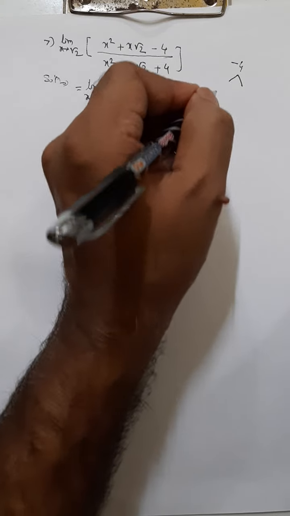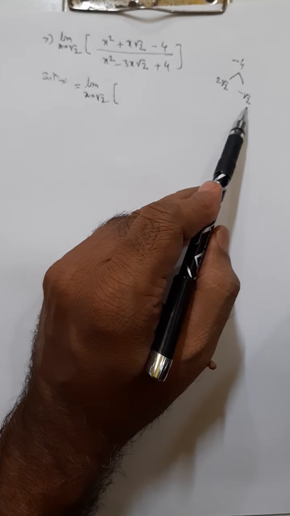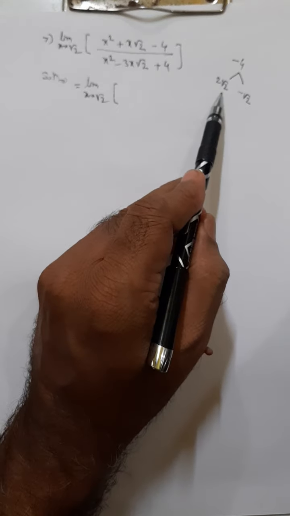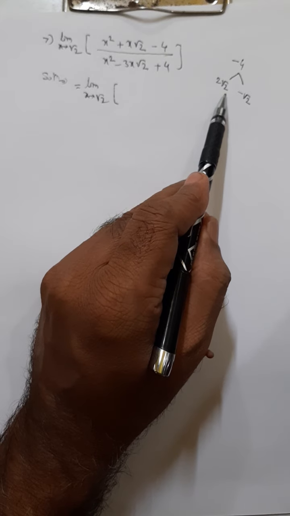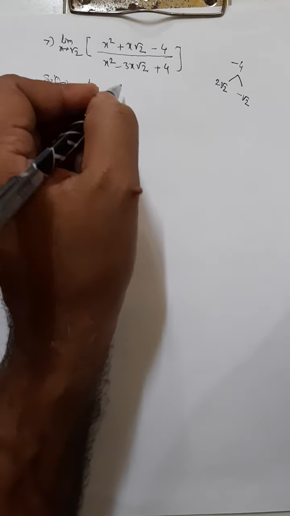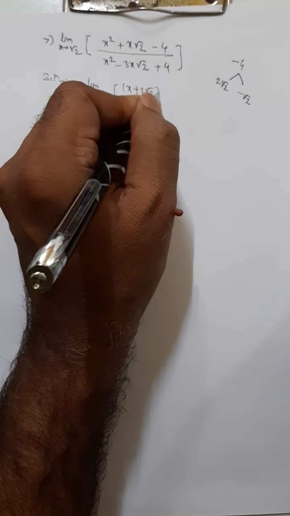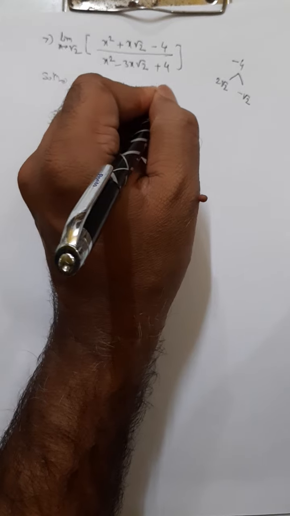So you can take here 2 root 2 and minus 1 root 2. 2 root 2 minus root 2 means we get 1 root 2, and the product is minus root 2 into root 2, that is minus 2 into 2, means minus 4. So factors are x plus 2 root 2 and the second factor is x minus root 2.